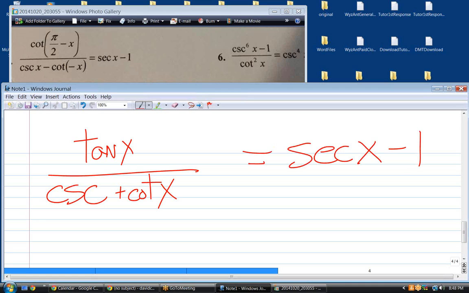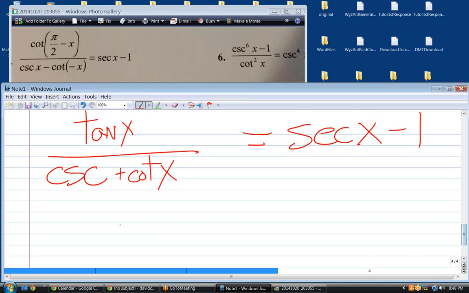Okay, let's see. Well, we could definitely turn the left side into nothing but sines and cosines, and that's probably the way to go. At least that's the only way I can see at the moment. This is 1 over sine plus cosine over sine.